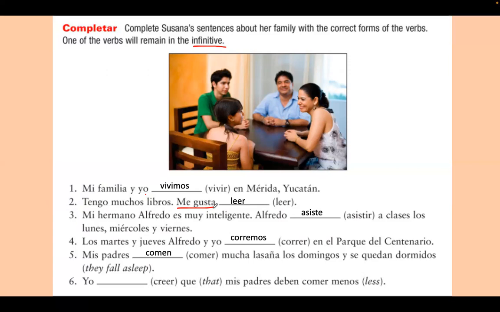Yo creo que mis padres deben comer menos. Okay, so you have this. Now, as I tell you, just use all these verbs in a meaningful way. For example, this verb is very important because it's the verb to live. So, yo vivo en Aurora, Colorado. Tú vives en Nueva York.